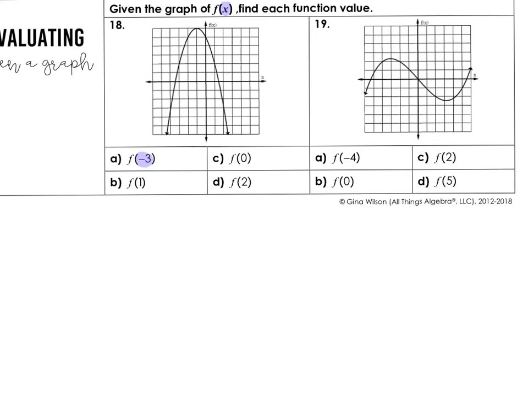So I don't have an equation to plug this into. So instead, because x is -3, on the x-axis, I'm going to go to -3. Now, I'm going to put a little mark there just so you can see where I am. Normally, you would not do that because you don't really need to, but that's where I am on the x-axis.